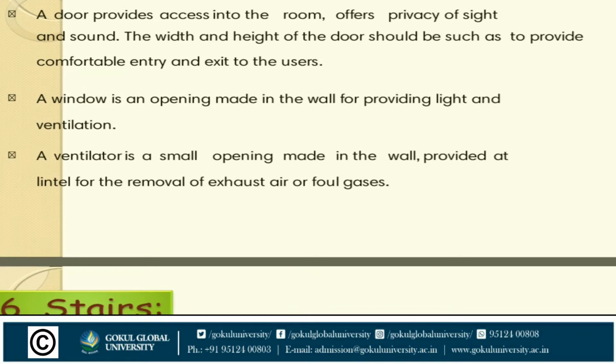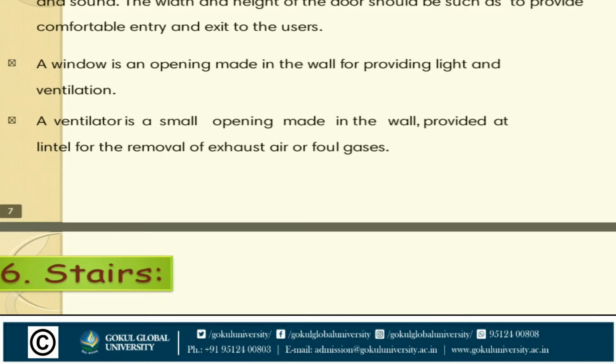A window is an opening made in the wall for providing light and ventilation. A ventilator is a small opening made in the wall, provided at lintel level, for the removal of exhaust air or foul gases.